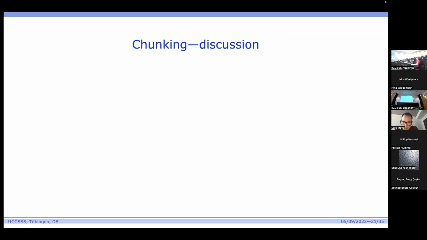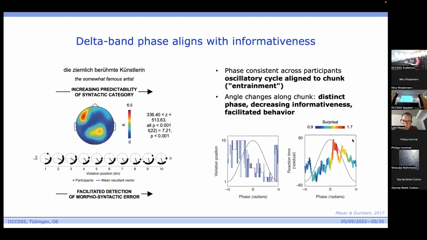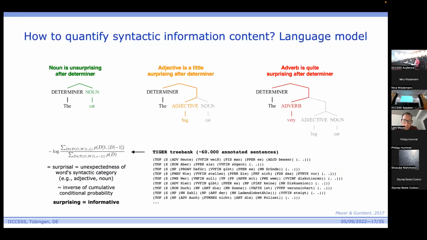And that is a use case, of course, of a language model again, right? Because we're quantifying the surprisal. Now we're quantifying the information that you're reading here from the chunk through this model. That's our language model. So we say this is how our sentence structure is built.